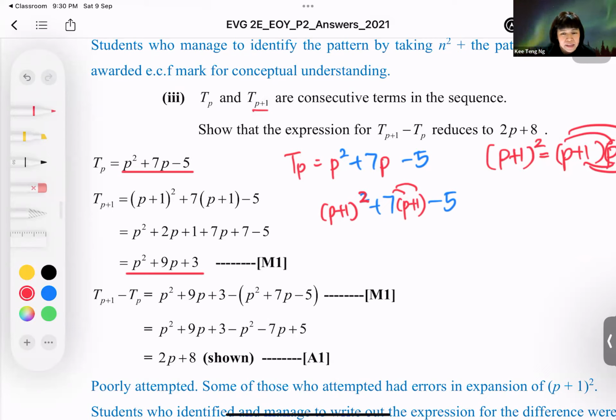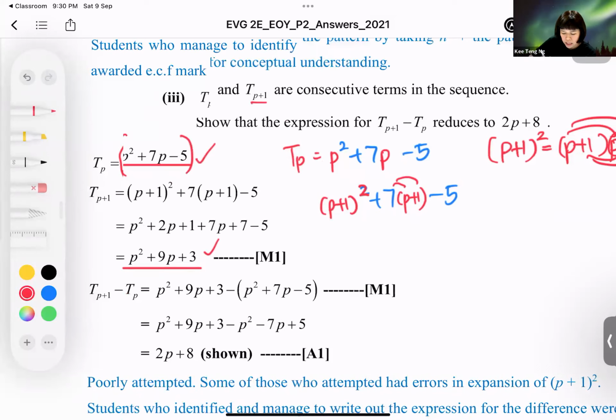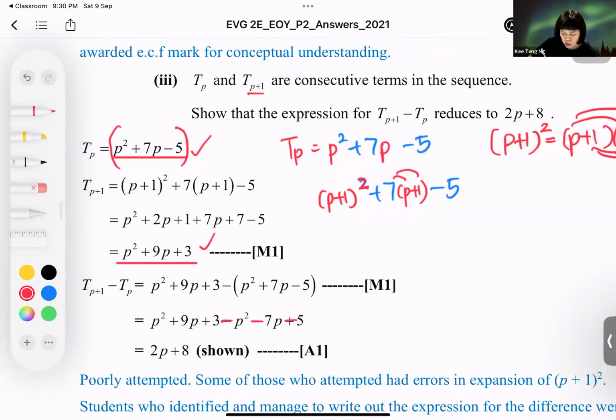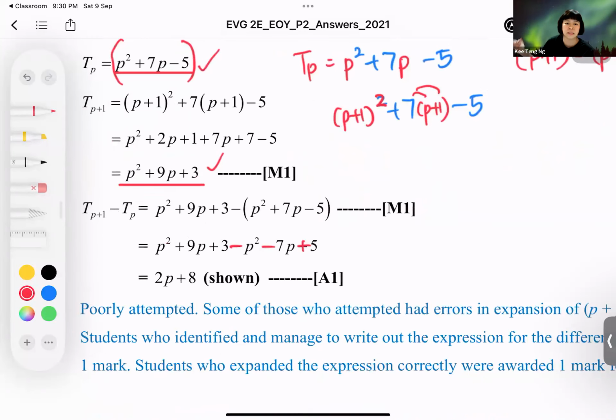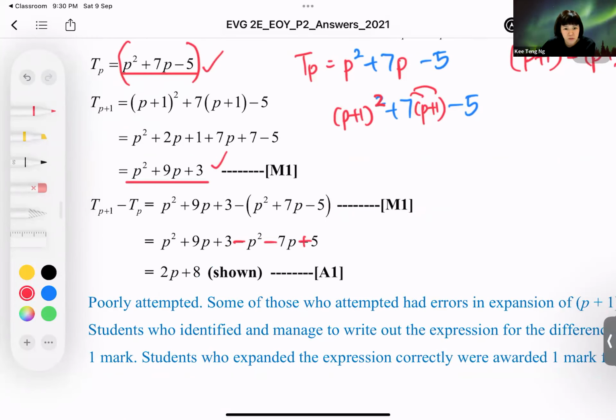Then next, find TP plus 1 minus TP. I take this expression and subtract this, but remember to put brackets around the whole expression, so all the signs change. Finally, you get your answer, 2p plus 8. So it's still doable.